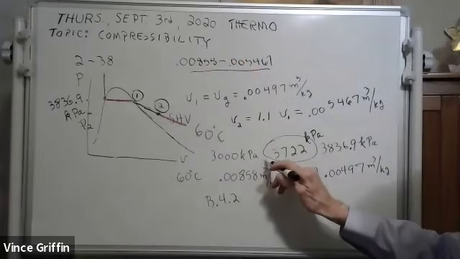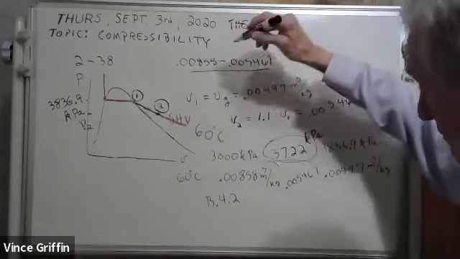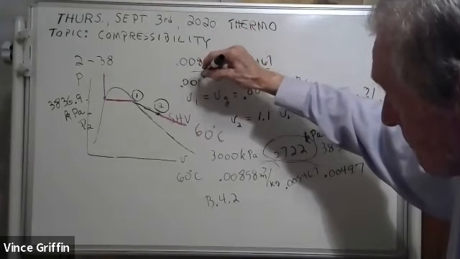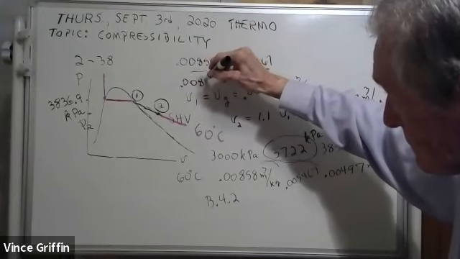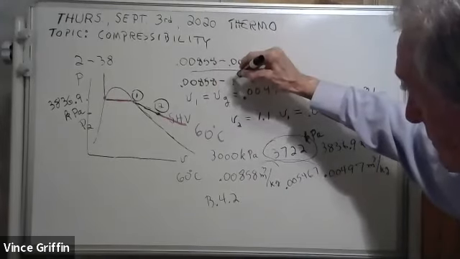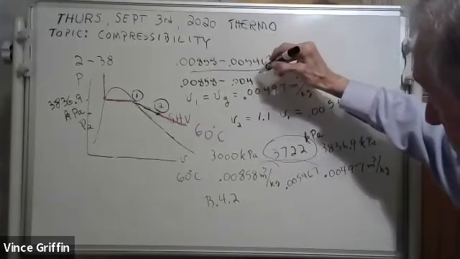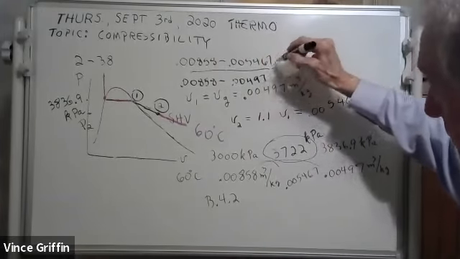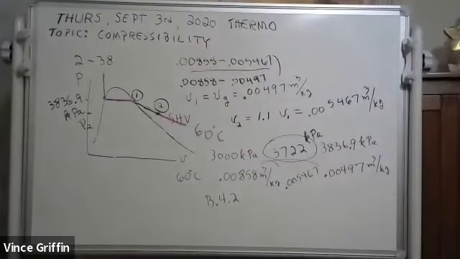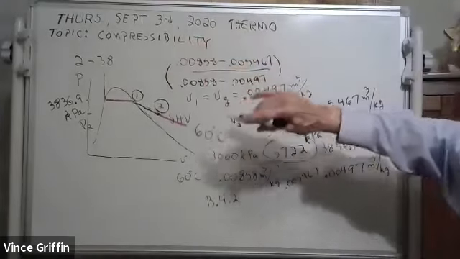See, what I did was I subtracted those. Now I'm going to divide by the difference between the whole thing there, which is point. And when I get all through there, I'm going to multiply that.